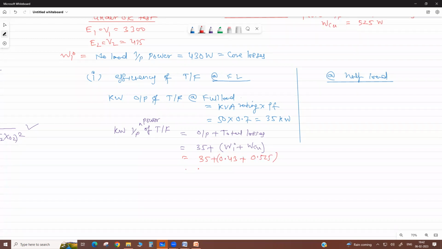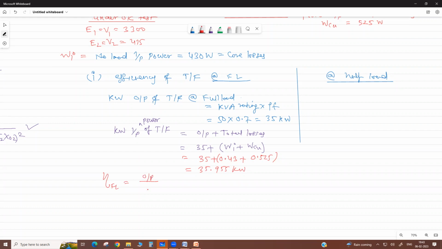So the kilowatt input is 35 plus 0.43 plus 0.525, which is 35.955 kilowatt.